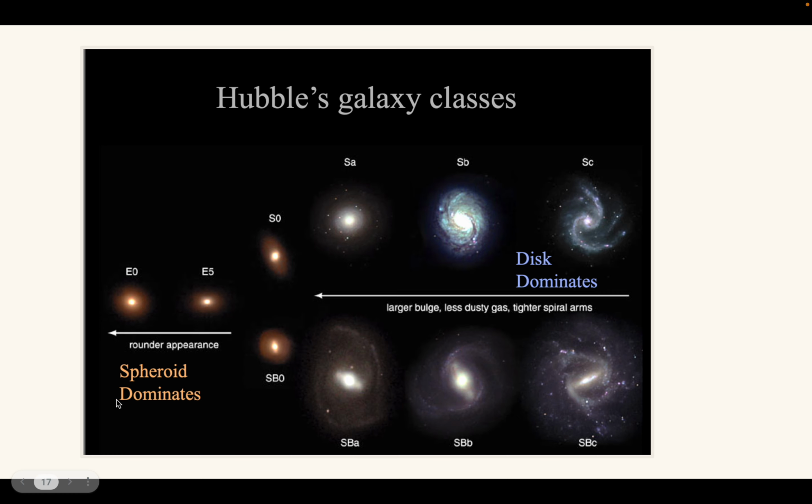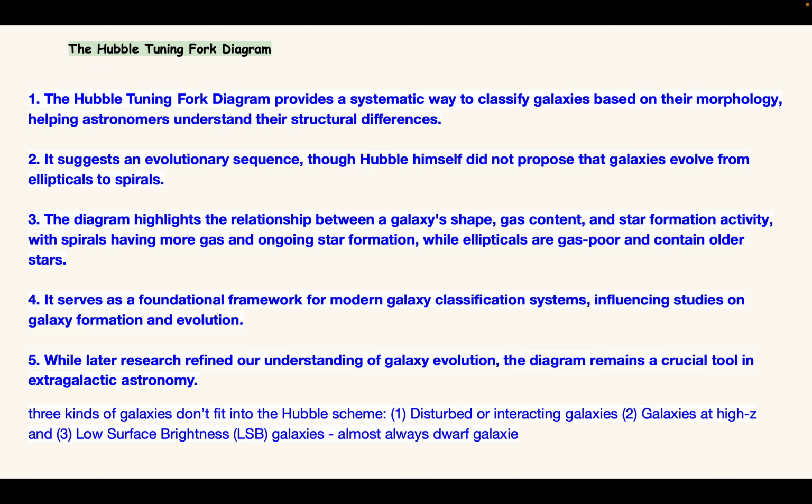And another type of galaxies are the elliptical galaxies, elliptical type 0, elliptical type 5, and S0 and SB0, which are in between the spiral and elliptical shape.